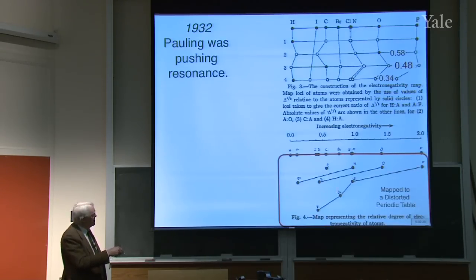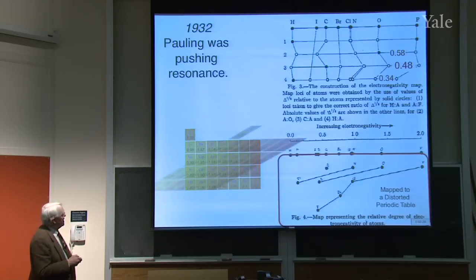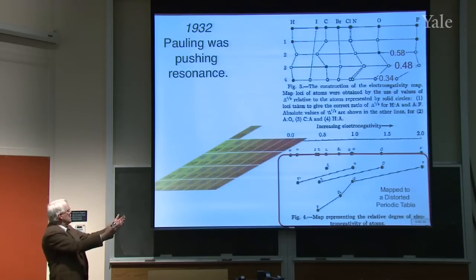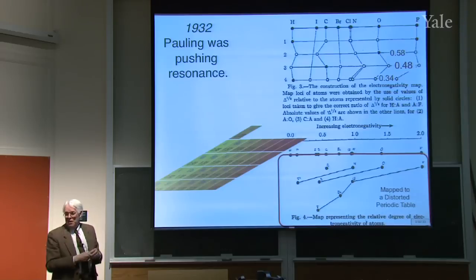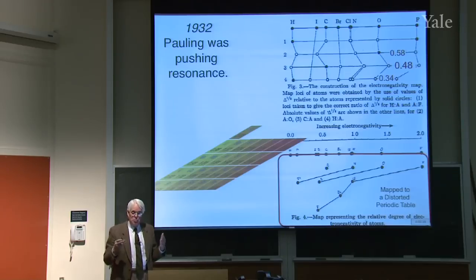So here are the halogens, here are the chalcogenides, nitrogen, phosphorus, carbon, and so on. In other words, he's taken the periodic table and distorted it so that the numbers go from red to yellow as you go from left to right. Okay? So that's where electronegativity in the current sense, the Pauling scale of electronegativity, came from.